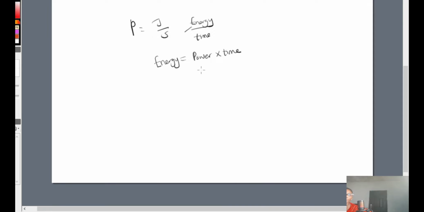Our power was 100 watts, right? Then times, what is the time? 1 hour, which is 60 multiplied by 60, right? So we're going to have 360,000. That is the energy. And the energy is in joules.